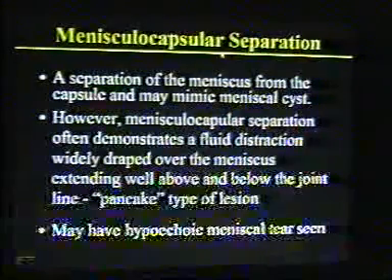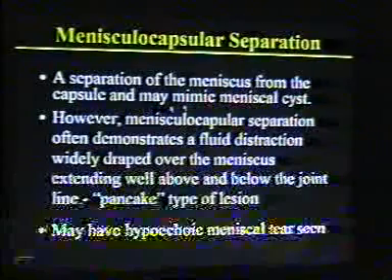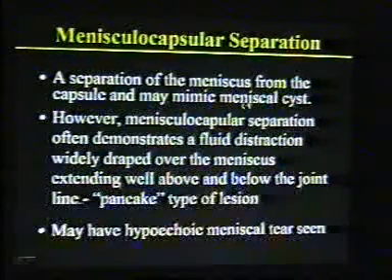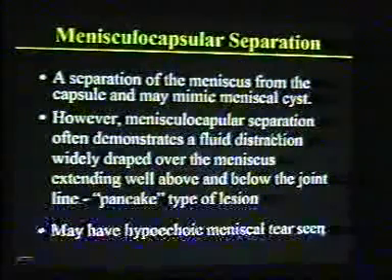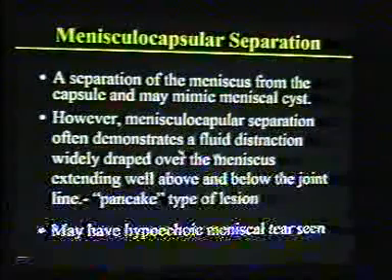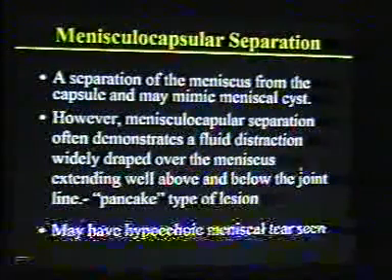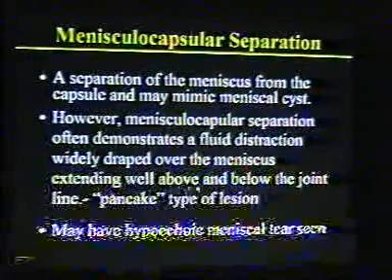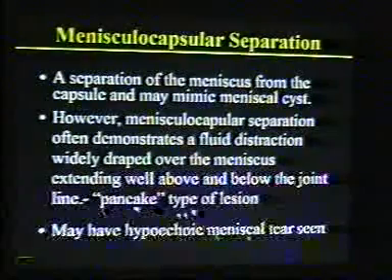Menisculocapsular separation is another pathology, a separation of the meniscus from the capsule, and may mimic meniscal cyst. However, menisculocapsular separation often demonstrates a fluid distraction widely wrapped over the meniscus, extending well above and below the joint line, which is called pancake type of layer.